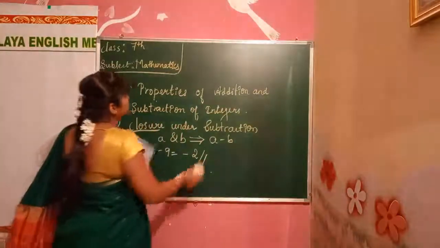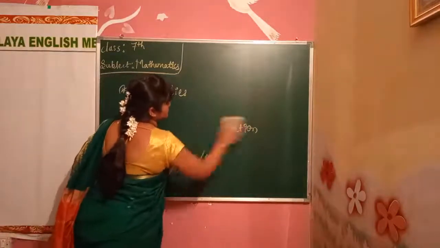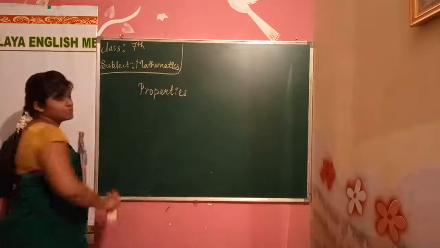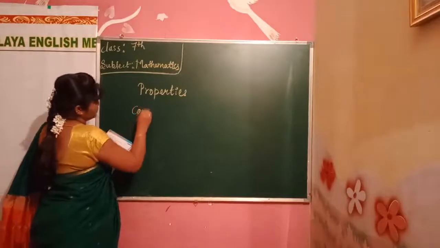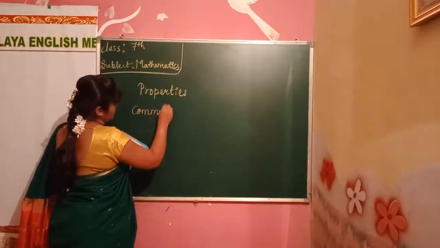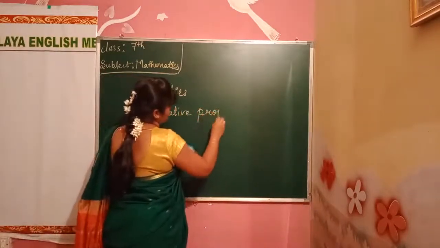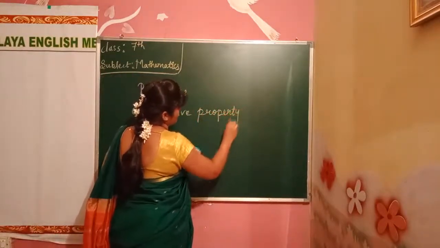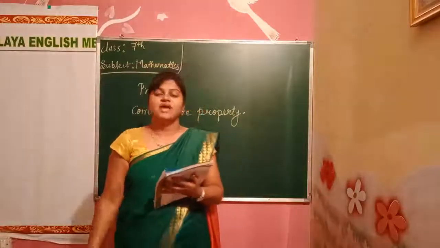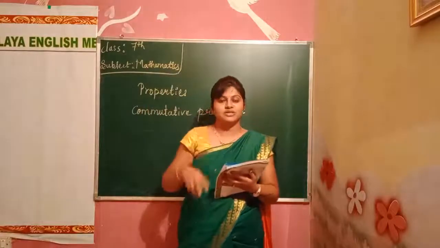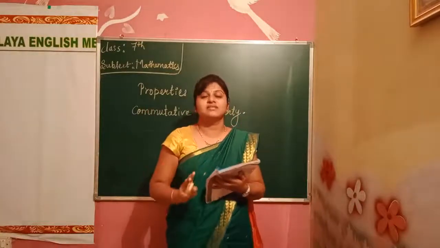Now we'll move on to the commutative property. In this property, when we have two integers and we do the addition, and then reverse the addition, we get the same number.